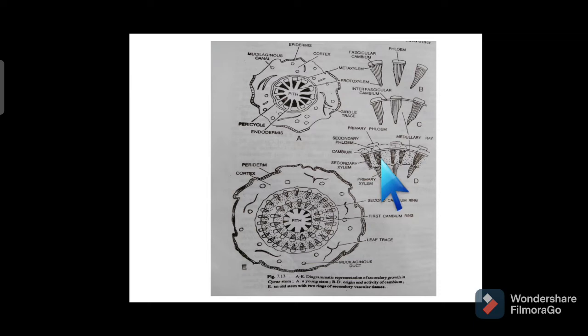And now the activity of the primary vascular cambium will continue for a few years, but later on it will become inactive and a new secondary cambium ring will develop. All right, so as you can see here, this is the first cambium strip.